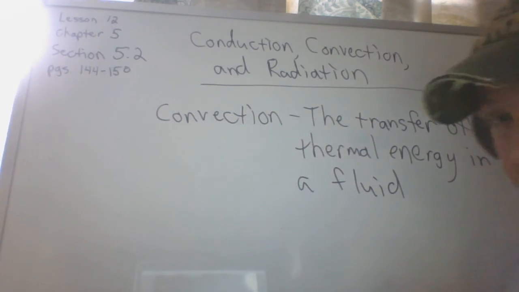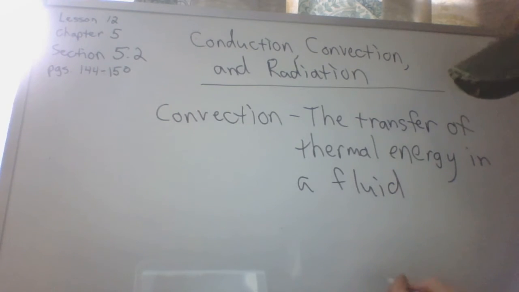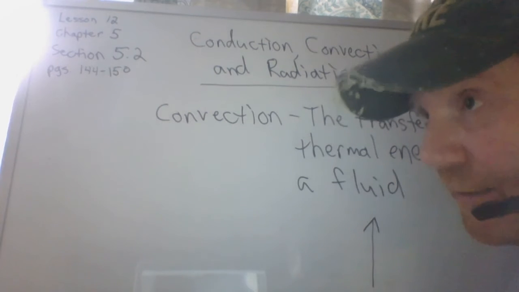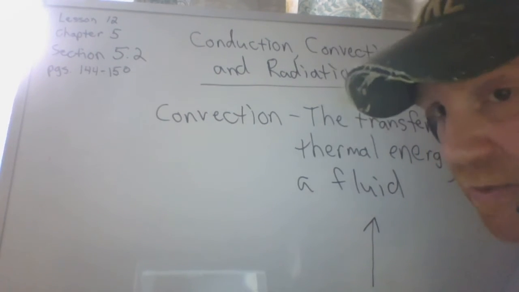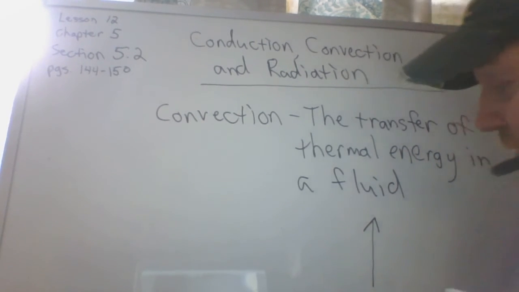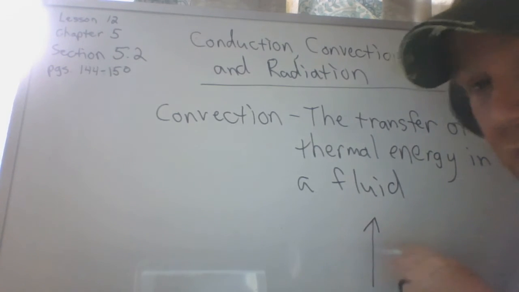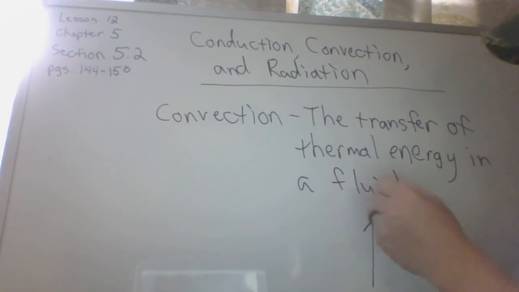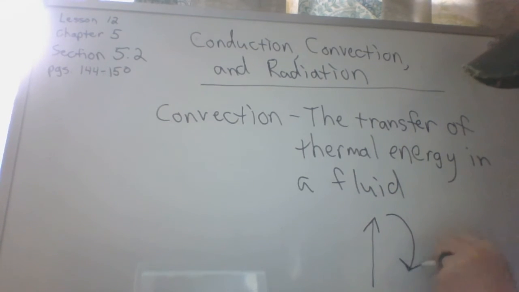If you apply thermal energy to a fluid, it's going to go up. We always think, heat rises. Heat doesn't rise. Hot air rises because air is a fluid. So hot air is going to go up, and when it does that, it cools off, becomes more dense, and then it comes back down. We have here what's called a convection current. It goes in this particular direction.